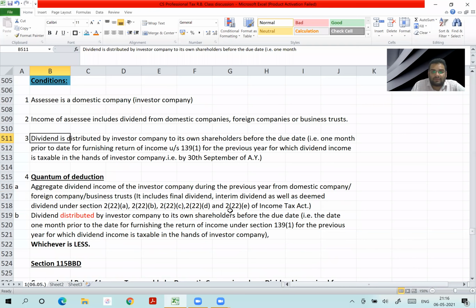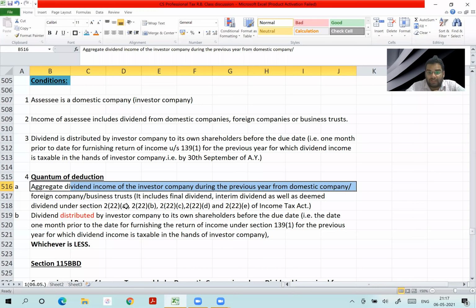Okay. Now listen, step by step. How much deduction will I get? My dear friends, how much deduction will I get? Aggregate dividend income of the investor company during the PY from domestic company, foreign company, business trust. It includes final dividend, interim dividend, as well as all deemed dividends.